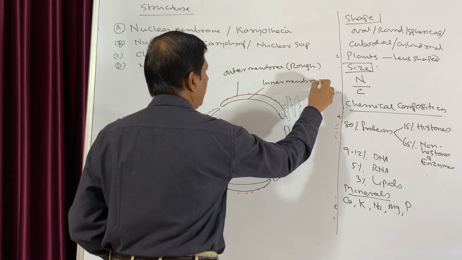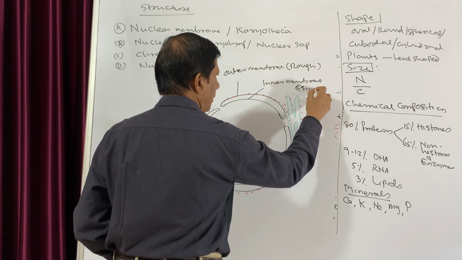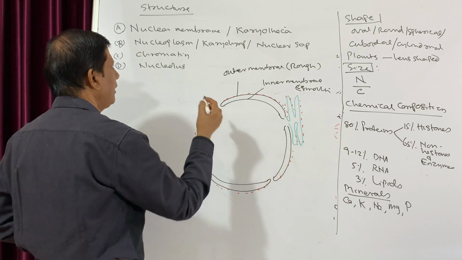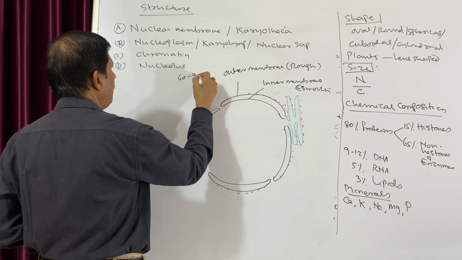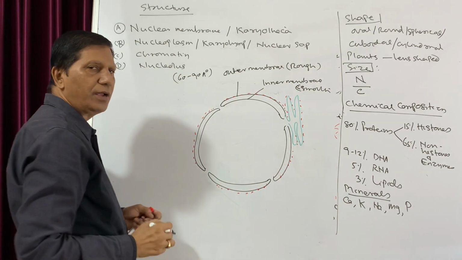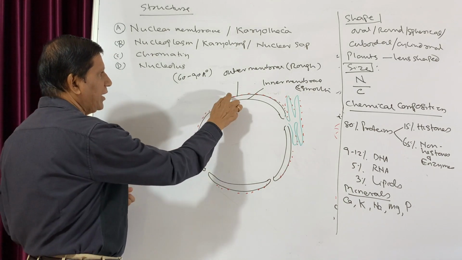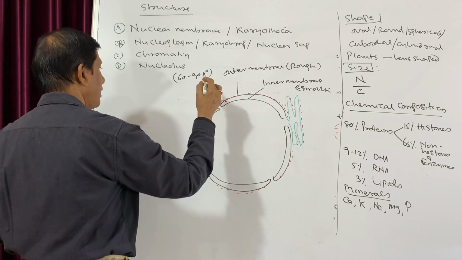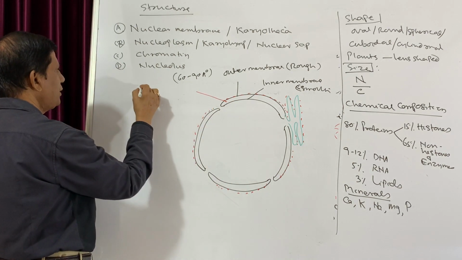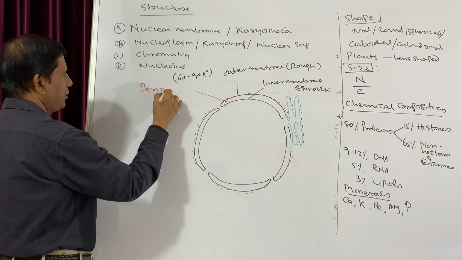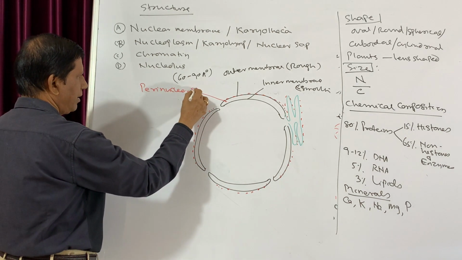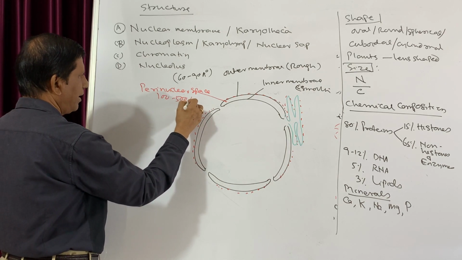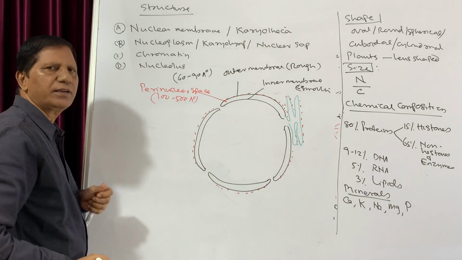The thickness of these membranes usually varies between 60 to 90 angstrom. And the space between the inner and outer membrane is known as perinuclear space, and it is about 100 to 500 angstrom in width.